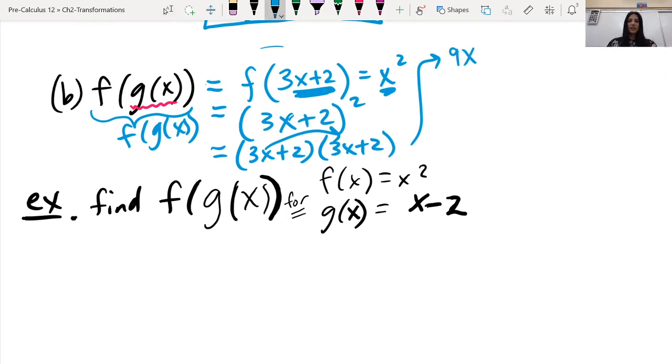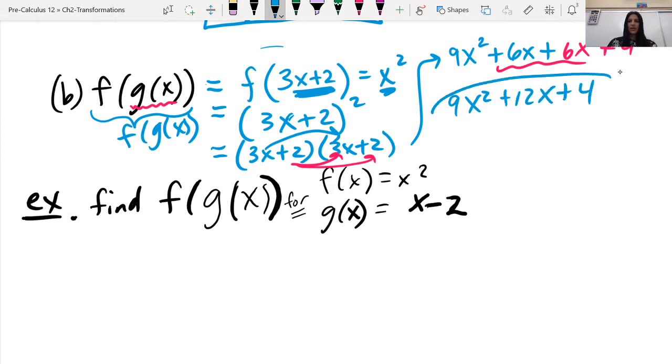So we would get 9x squared when we do that, plus 6x, plus when we move down to here, another 6x, plus 4, and we want to combine our terms. So after we do all of this, we get 9x squared plus 12x plus 4, and that's what we get for our f of g of x when we don't have a number to plug in, but we're actually plugging in the algebra.